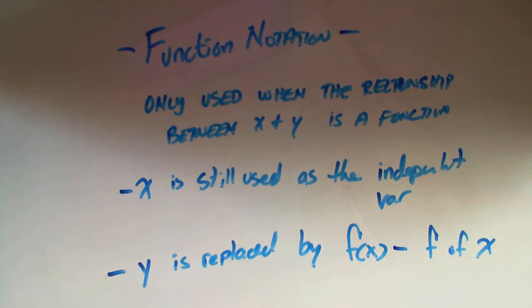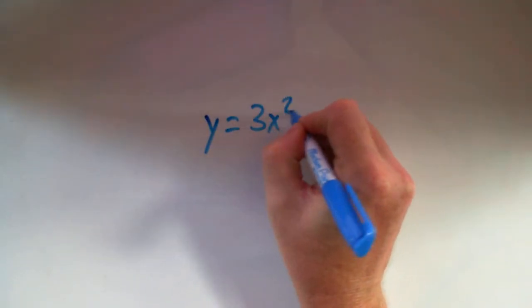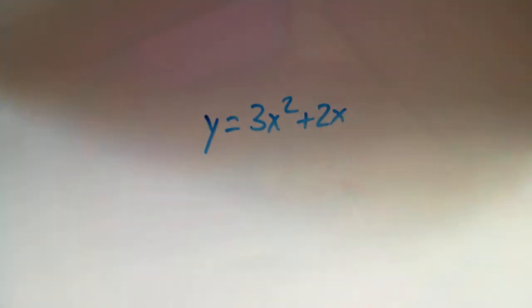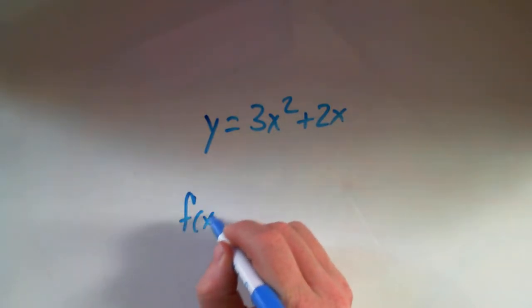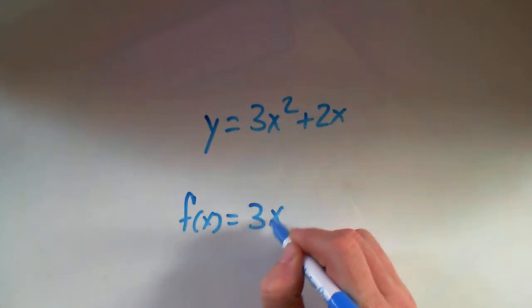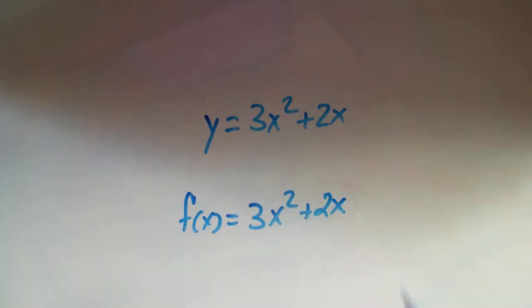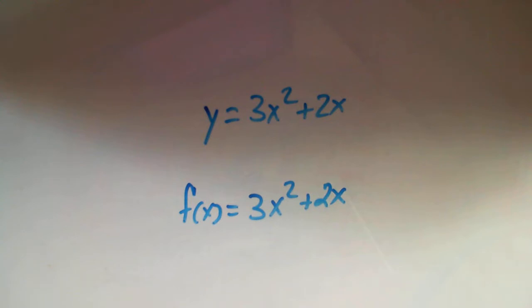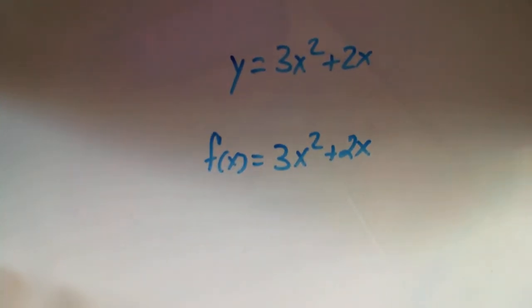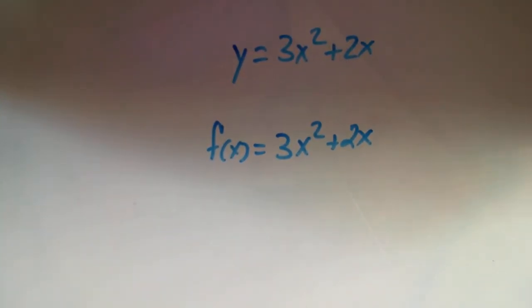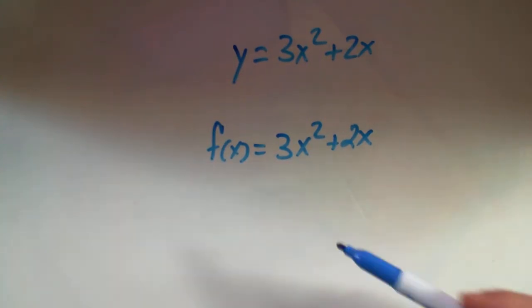Where you might have seen y equals 3x squared plus 2x, instead you would see f of x equals 3x squared plus 2x.